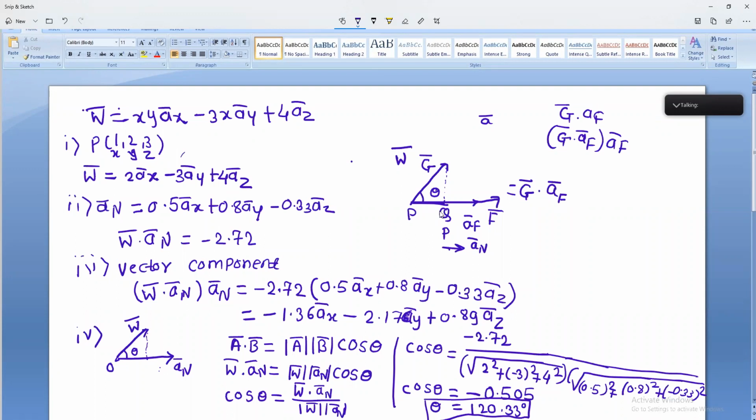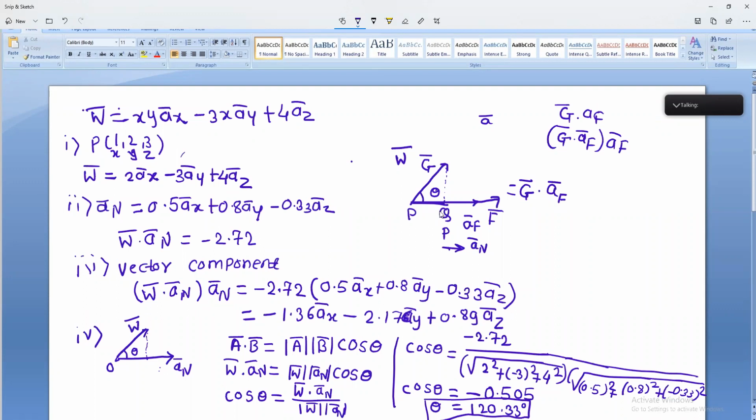Now the fourth question is the angle between w bar at P and a bar n. So the w bar vector is given and another one is a bar n. Now we have to find the angle between these two, that is theta.